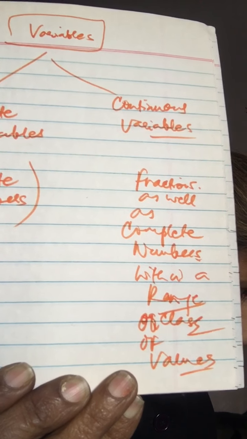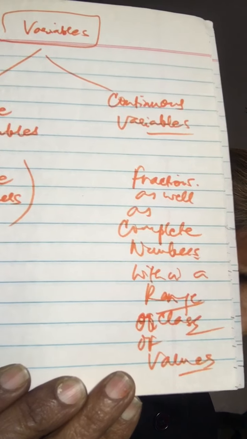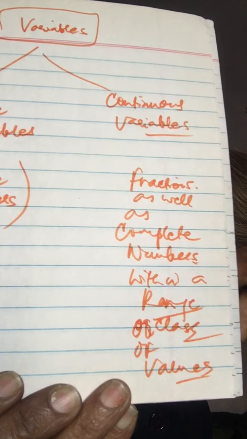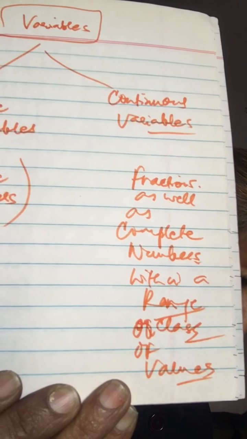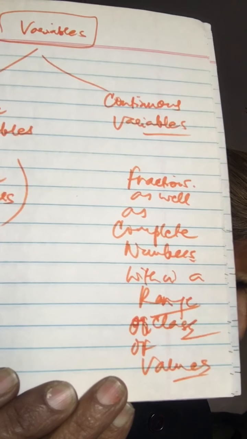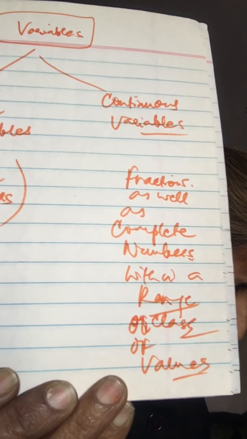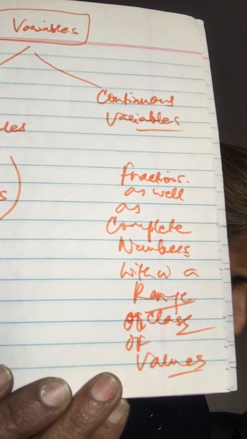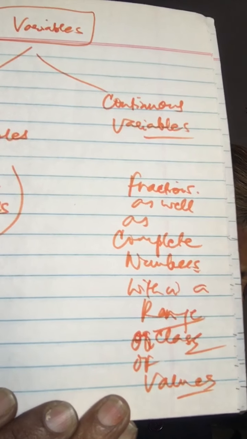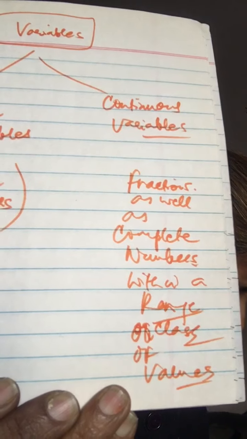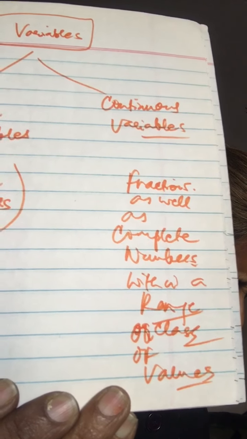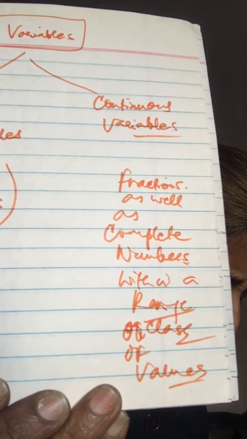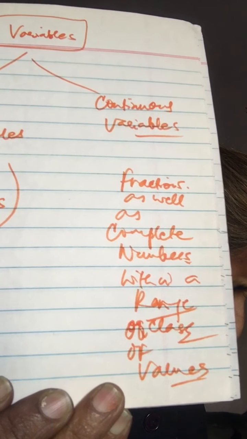Now let's take an example. A variable like the number of students in a class for different classes would assume values that are only whole numbers. It cannot take any fractional value like 0.5 because there cannot be half of a student. Therefore, it cannot take a value like 10.5 between 11 and 12. But we should not have the impression that a discrete variable cannot take any fractional value.